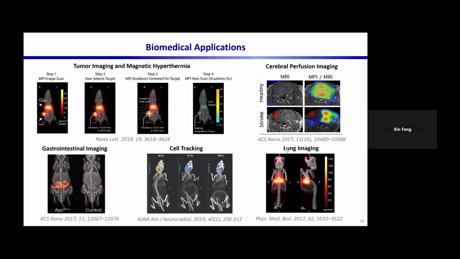And lung imaging, or pulmonary imaging, is also an area of interest. This study was done by Professor Conolly at UC Berkeley, and they first proposed using MPI for lung ventilation imaging. And then our team later on reported a new method to image lung vascular injury, and we will also cover that later.